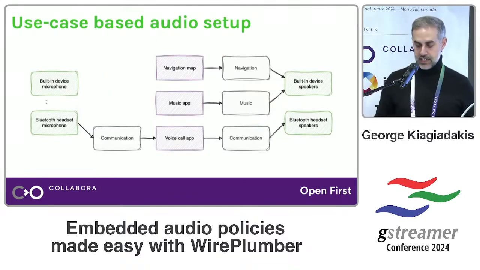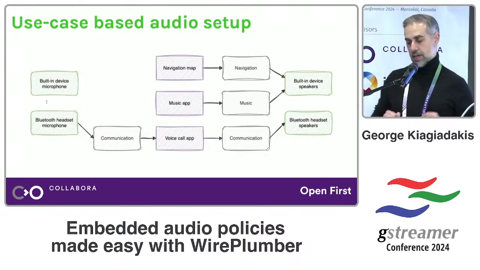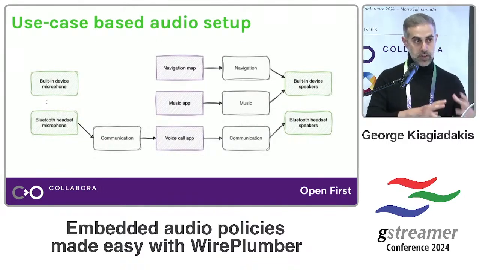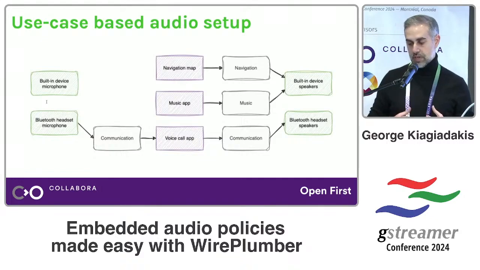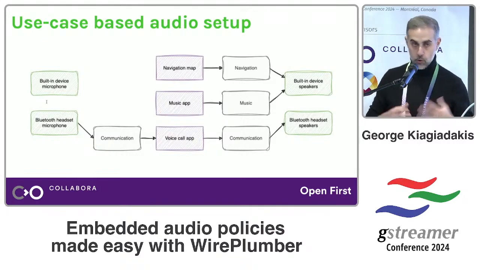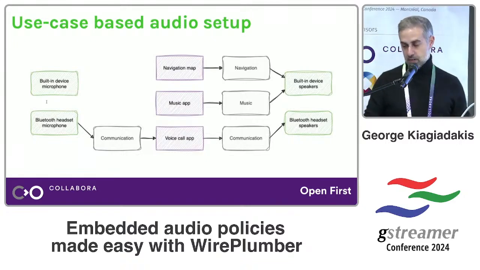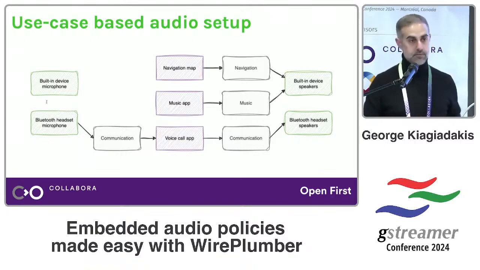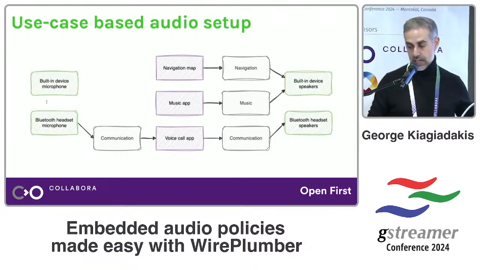Now, on a use case-based setup, every application, every stream that comes from an application will be assigned a use case or a role. So your navigation application in your car, for example, will be assigned the navigation role, the music application, the music role, the voice call application, the communication role.